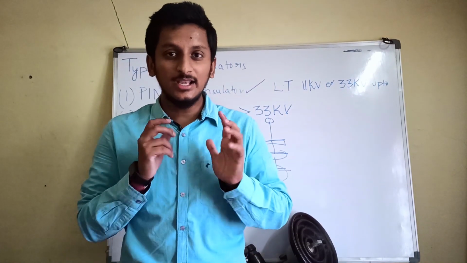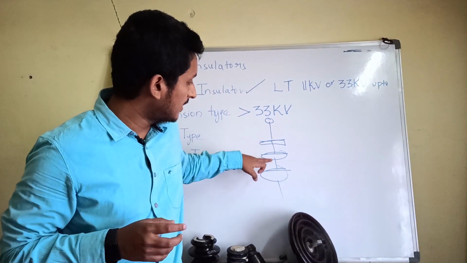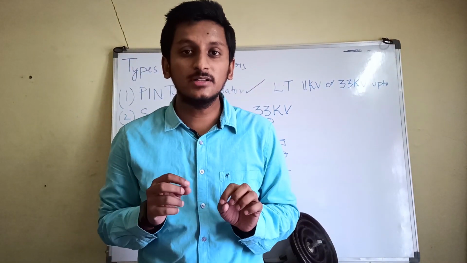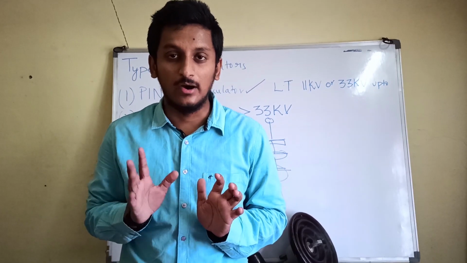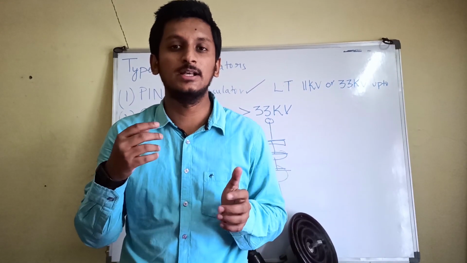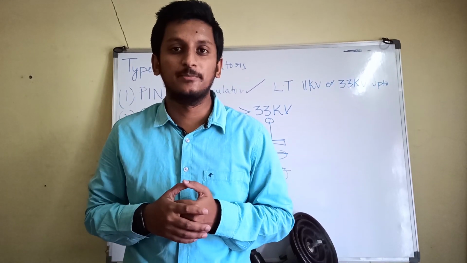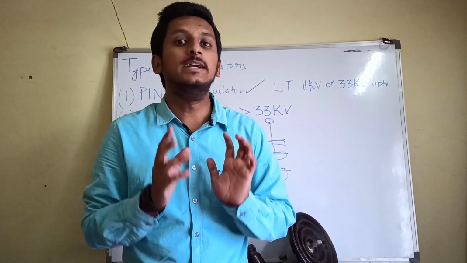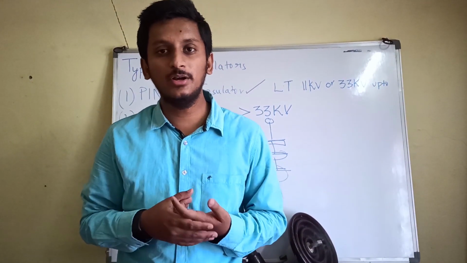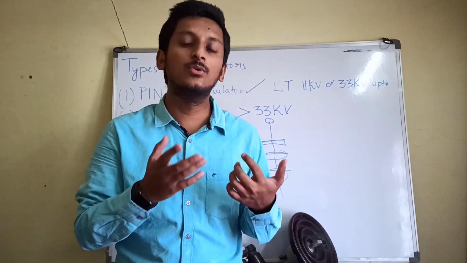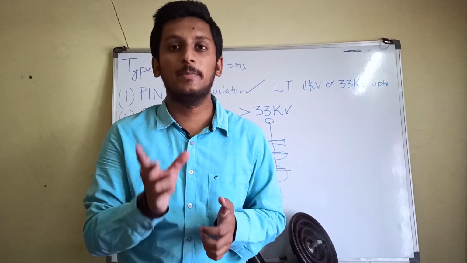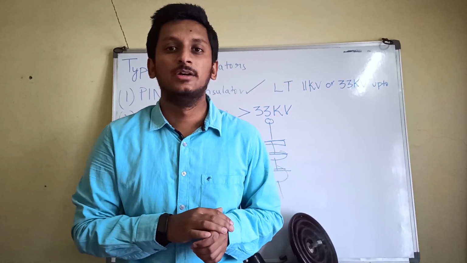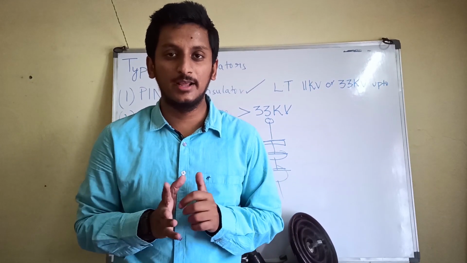So the idea behind using this kind of 11 kV discs is, whenever there is a flashover or some damage to the system, only 1 or 2 discs will be damaged. So we can go and replace that particular disc only. So it will be an advantage for the system.